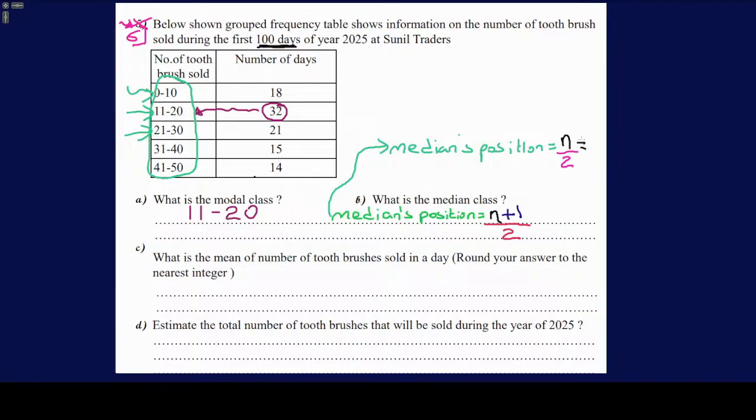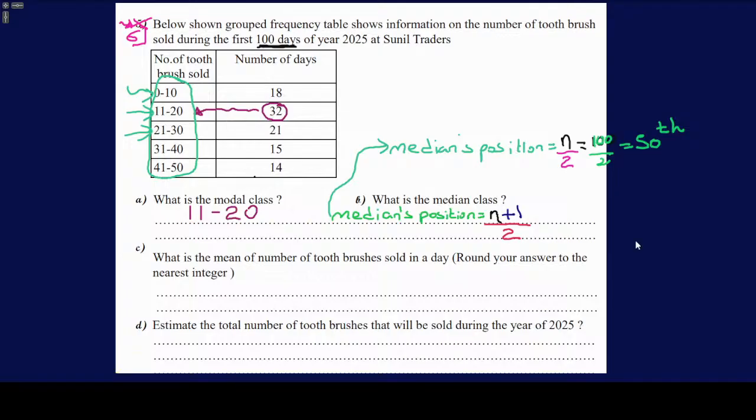That is 100. 100 divided by 2 is 50. So what is the median's position? The median value is in the 50th position.